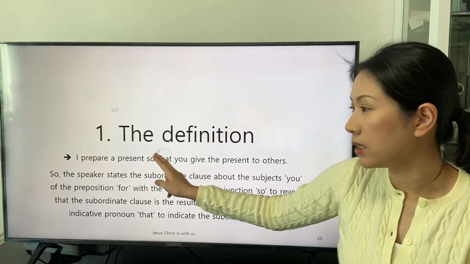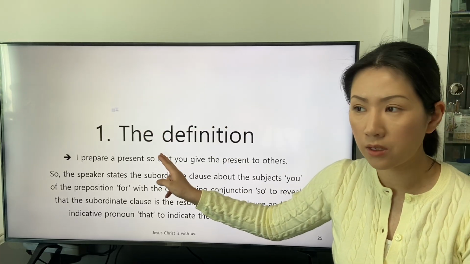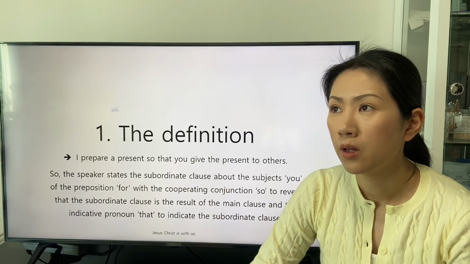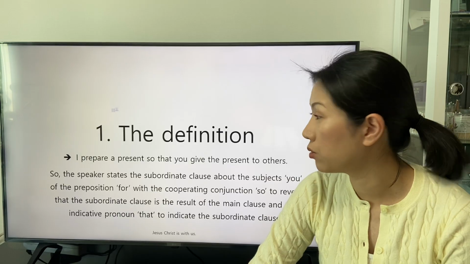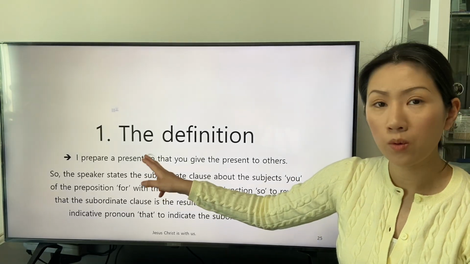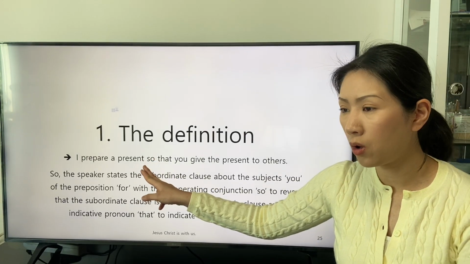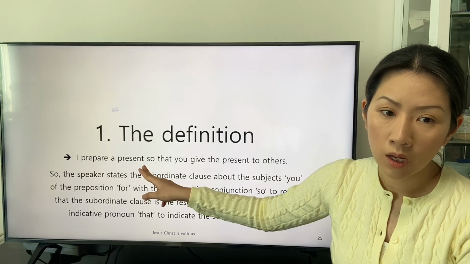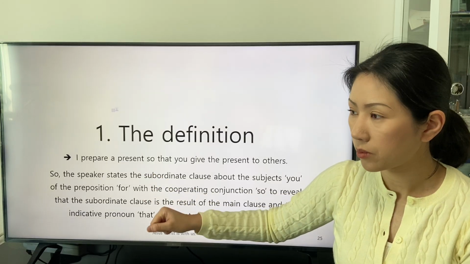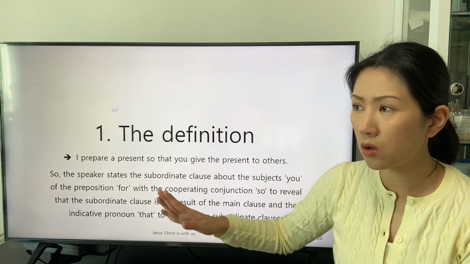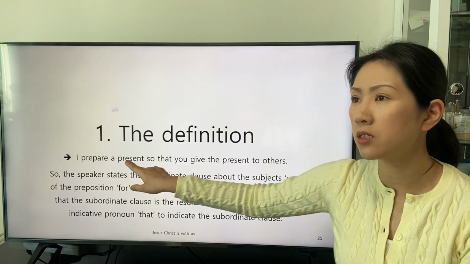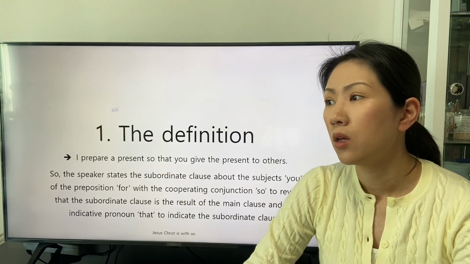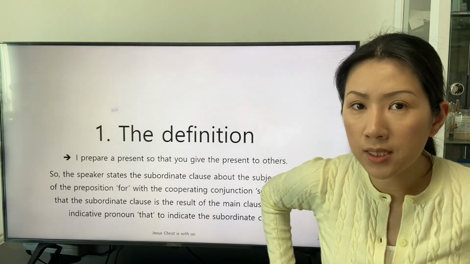That originates from an indicative pronoun. And so the coordinating conjunction so reveals the consequence of the previous clause.